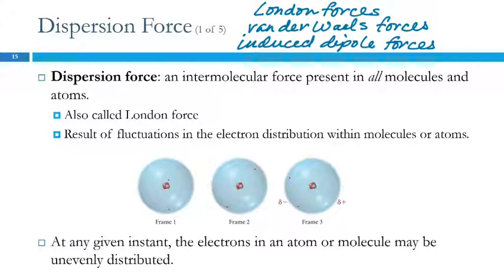So what are these dispersion forces? These are a result of fluctuations in electron distributions within molecules and atoms. So here we have an illustration of the same molecule at 3 different times. The nuclei is sitting there and being nicely predictable. And the electrons, as we have learned, are kind of squirrely, right?